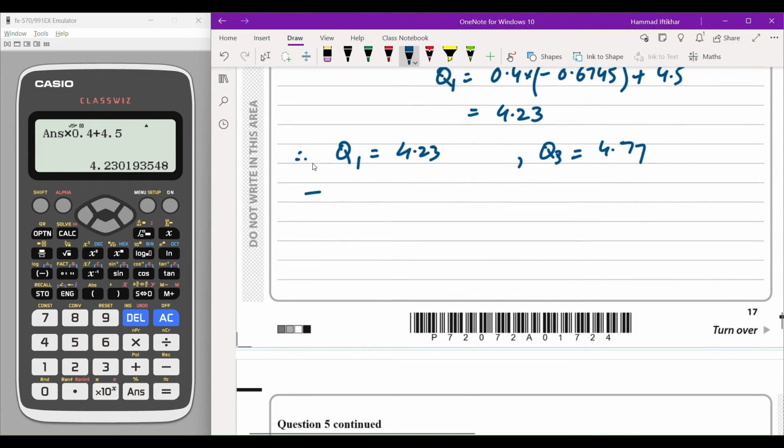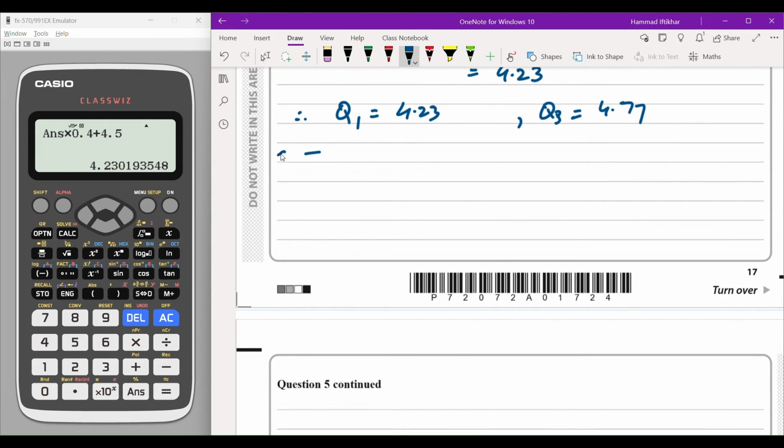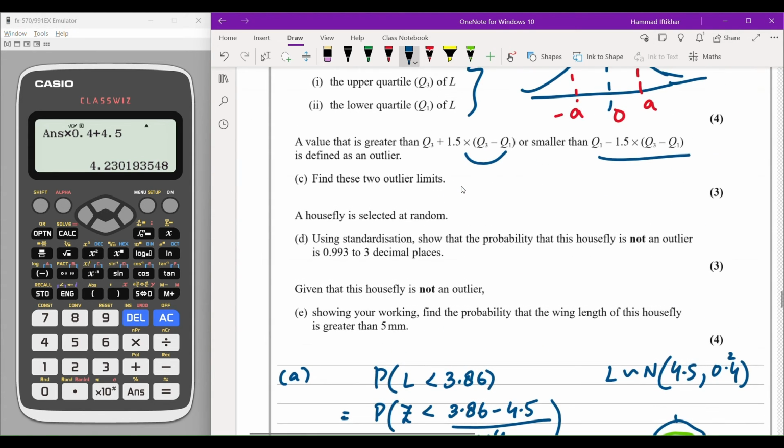C part. Okay, so Q3 plus 1.5 times Q3 minus Q1. That's what it said, right? Right. Okay.